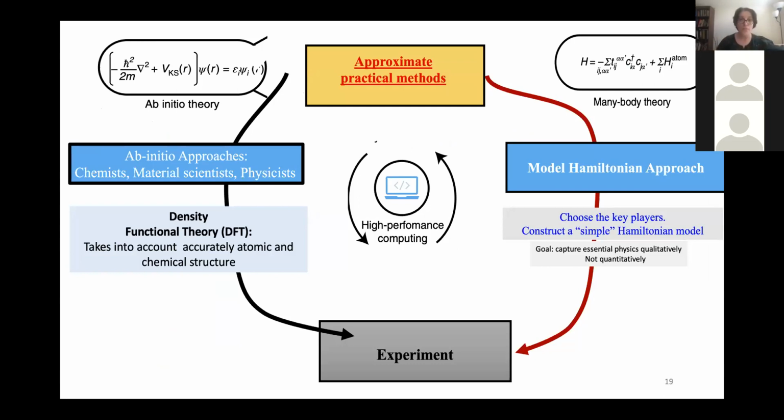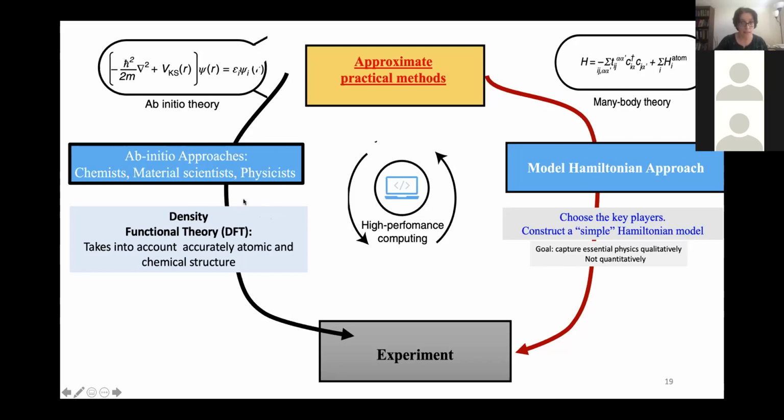And computational methods can be divided in two groups. One, we call them ab initio or first principle methods. They are heavily used in physics, chemistry, material science, and engineering. One of the most powerful tools that have been used as an ab initio method is density functional theory.